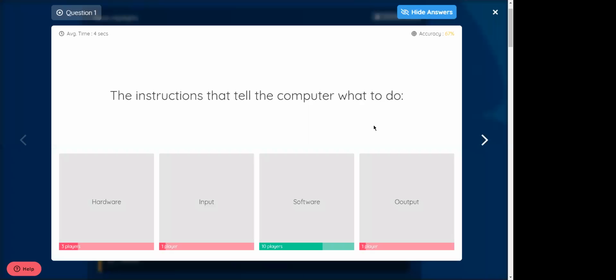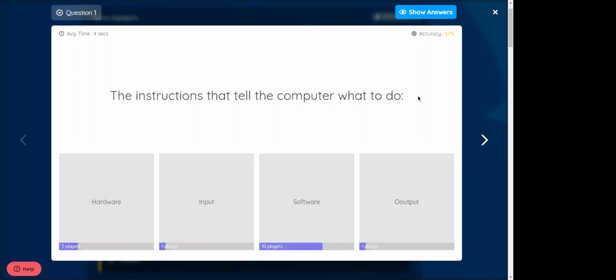So the first question: the instructions that tell the computer what to do. Which component will give the instruction to the computer what to do? Software. Yeah, software.